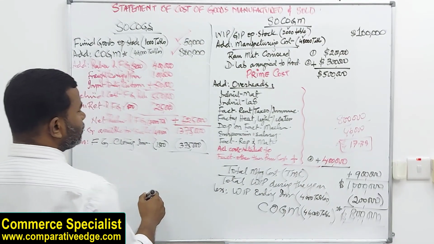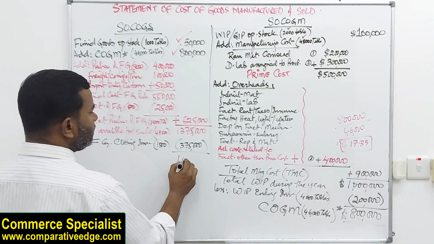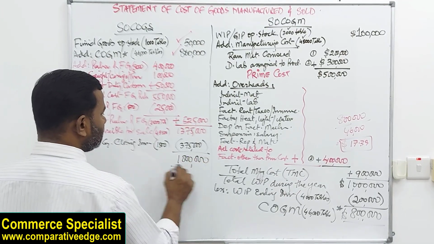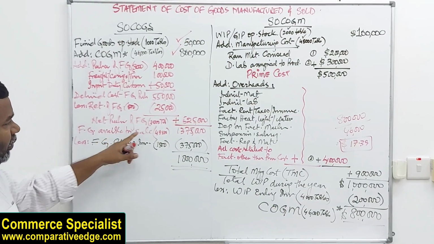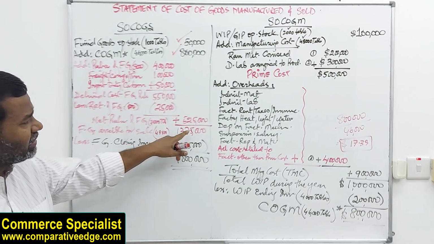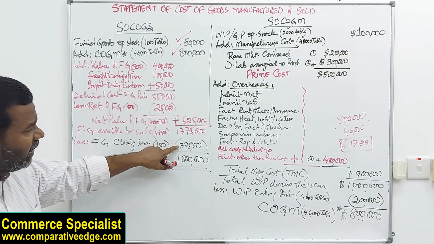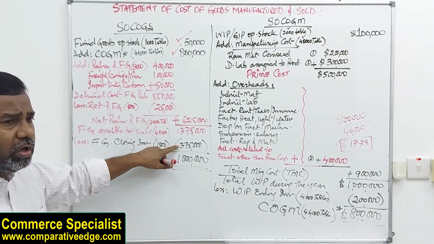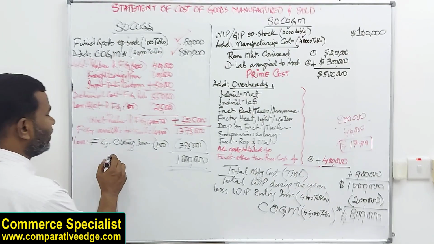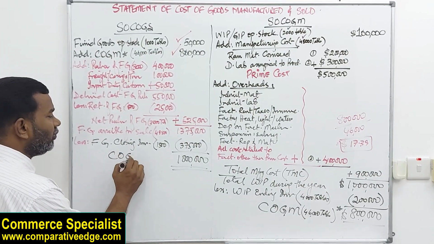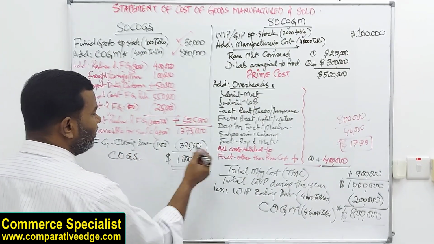So how much you're left with? 1 million. So if you have finished goods available for sale worth 1,375,000 and at the end of the year goods worth 375,000 are left unsold, what happened to the rest? The rest have been sold and we call it cost of goods sold, which is 1 million.